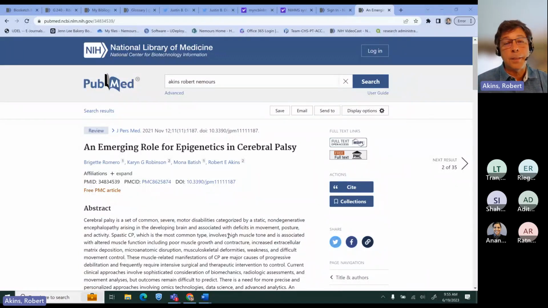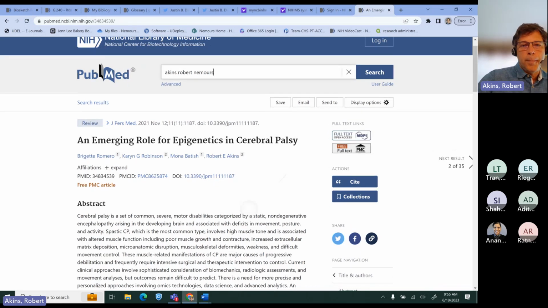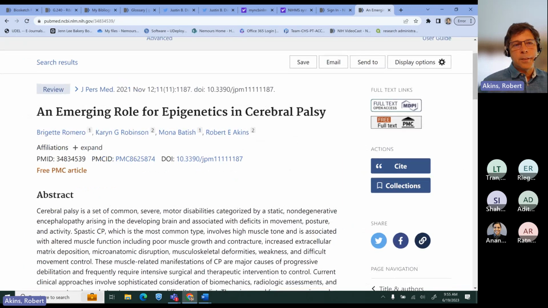In fact, it's the NCBI, the National Center for Biotechnology Information, the same folks that do the Biosketch links do PubMed. PubMed just aggregates and lists journal articles. This is just one from a couple years ago. It was the first one that popped up for me. So the PubMed ID is a unique identifier in the PubMed system.